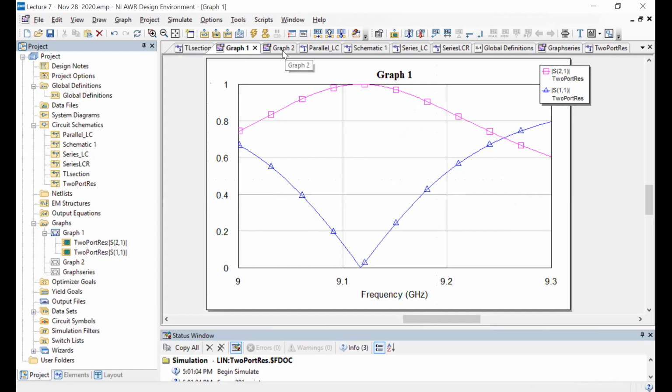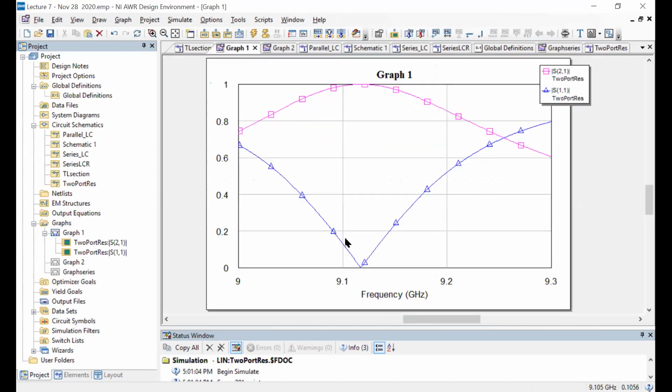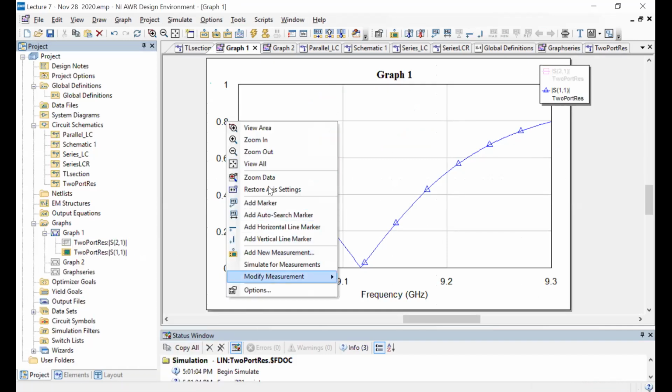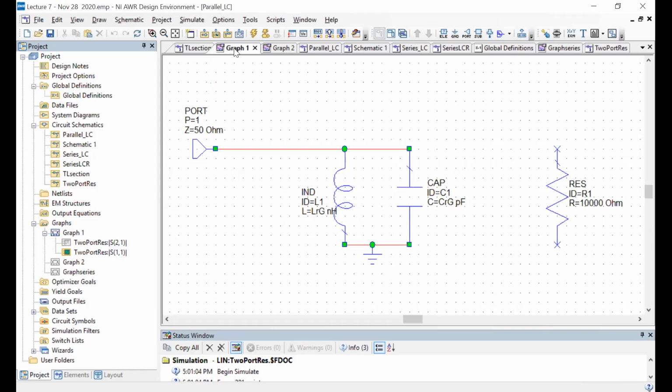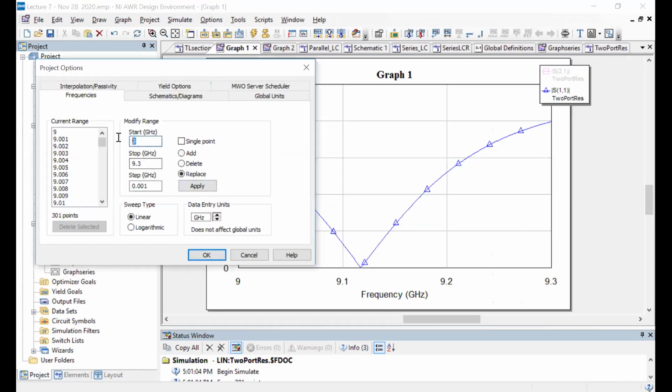If I did not tell you that there was actually a second port here, and I just showed you this reflection coefficient data, let's actually look at it over a slightly wider range.